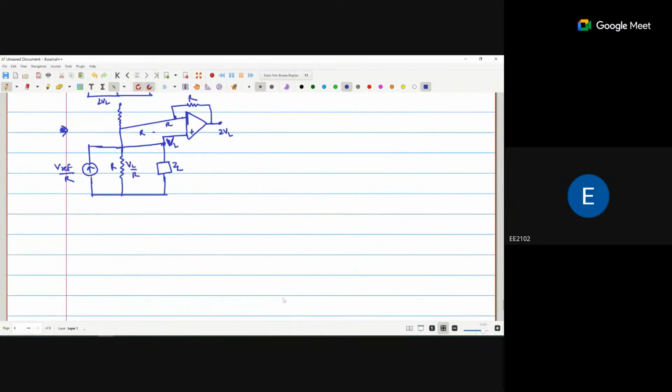Now for the simplification, this is my Vref by R. This is the VL by R current.